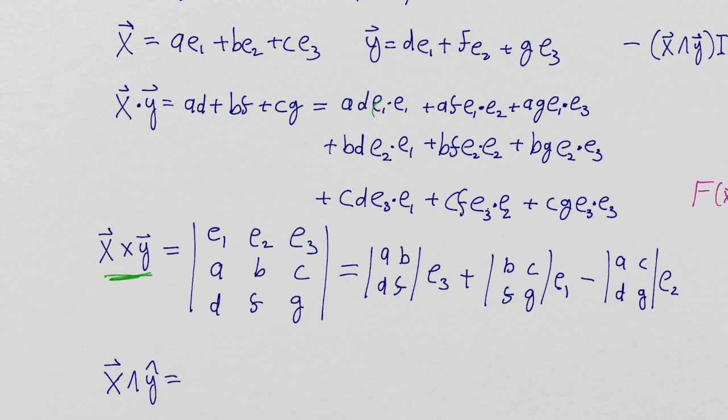We're going to go to our familiar, regular Gibbs-Heaviside classic vector analysis and try to draw linkages between that and the geometric algebra analyses. So x dot y, right? We know how to do x dot y in normal vector analysis, which for this version of x and this version of y, you'll just get AD plus BF plus CG.